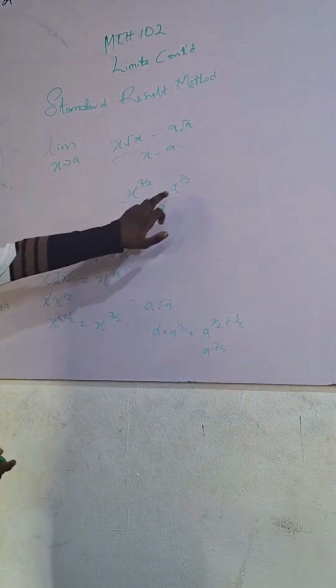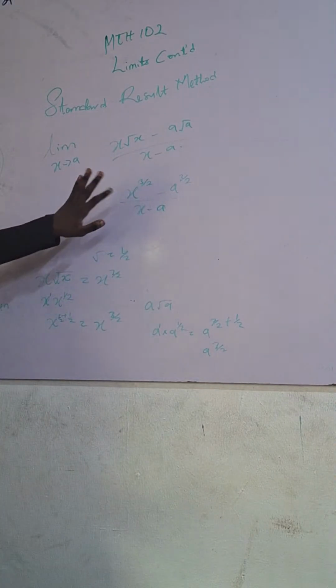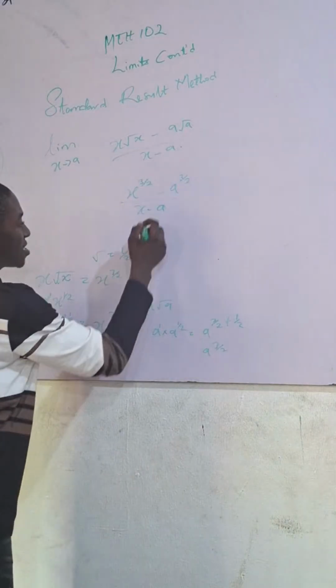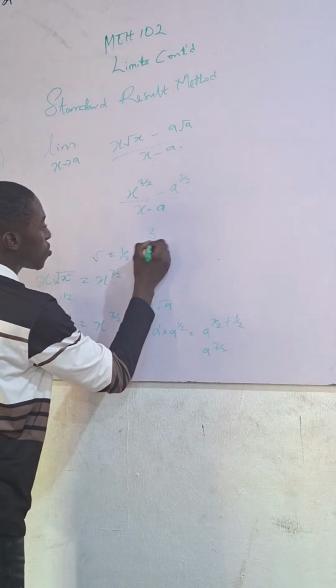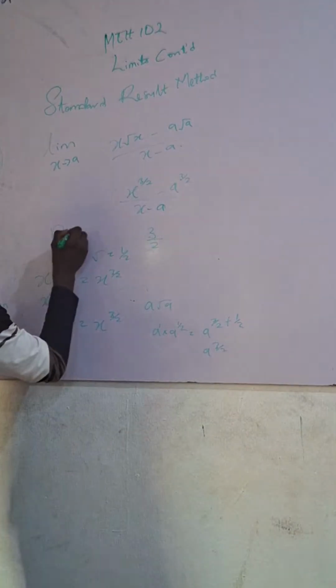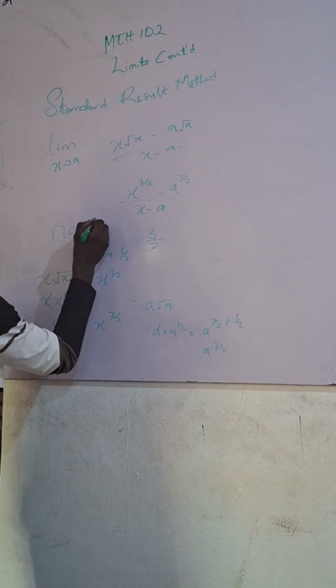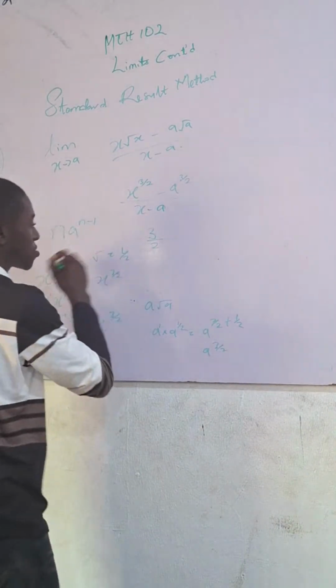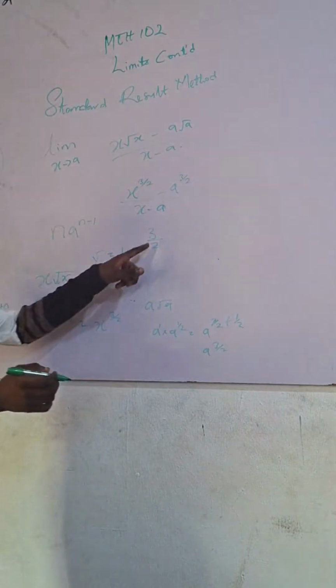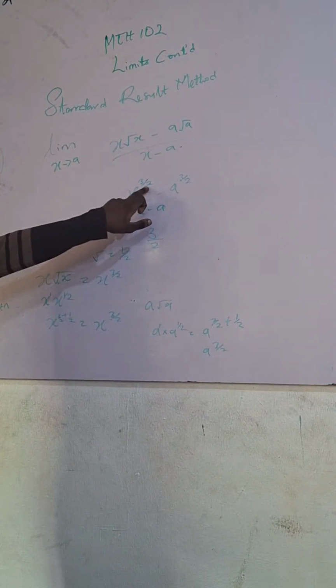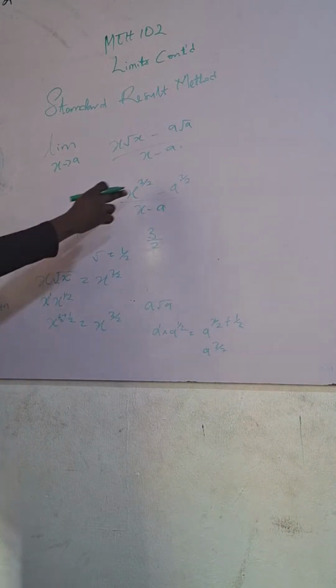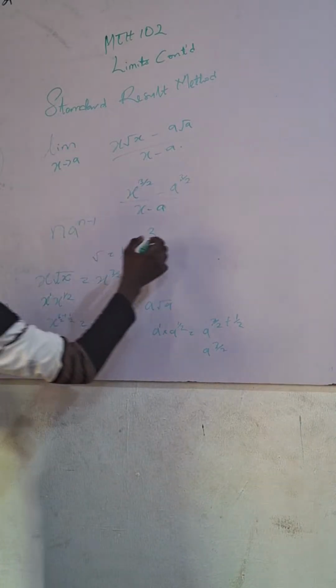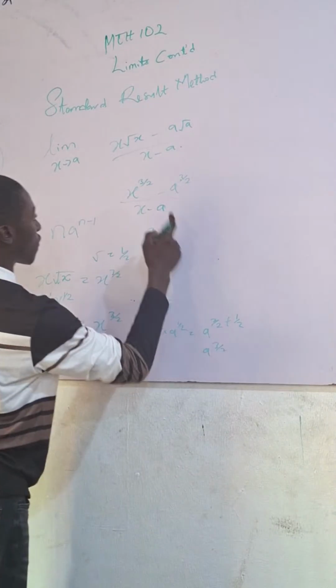Now from here, I can just use the formula directly. And what is n? My n in this case is 3 over 2. The formula I'm using is n multiplied by a raised to power n minus 1. So this will be 3 over 2, because my n in this case is 3 over 2, into the bracket of, what's my a?